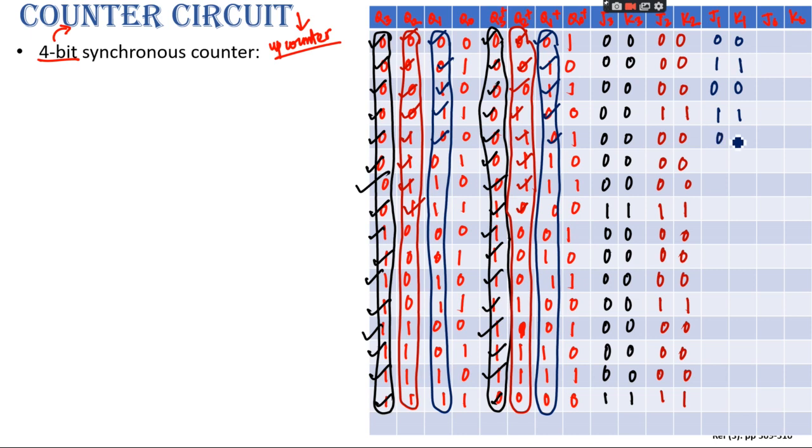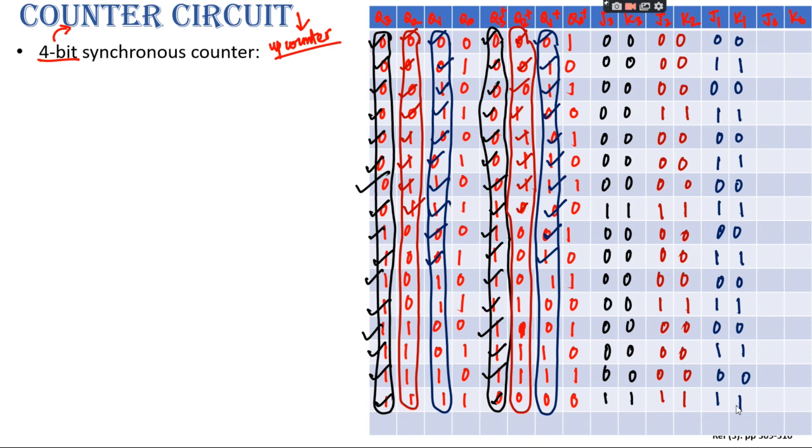Again 0 0 means no change, 0 1 means change, 1 1 means no change, 1 0 means change, 0 0 means no change, 0 1 means change. So all the way you can do like this.